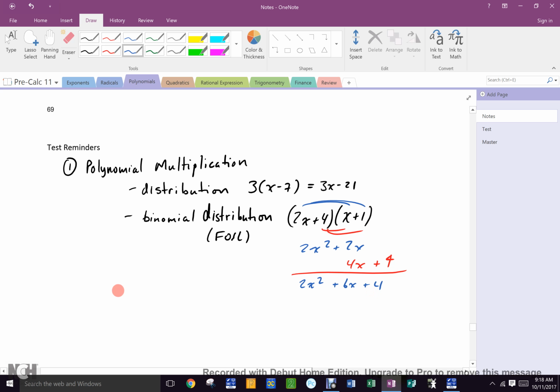And what's the third flavor? The complex, the chocolate flavor. Trinomials. And that's just an extension of FOIL, right? x minus 7 times x squared plus 3x plus 4.